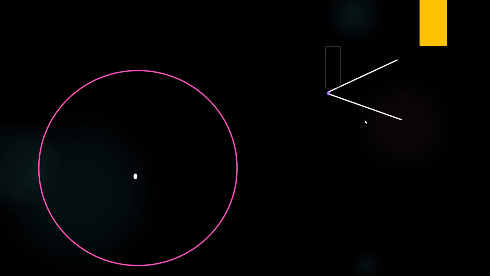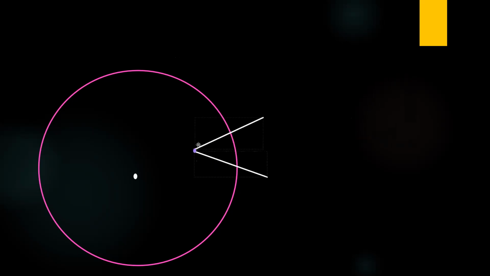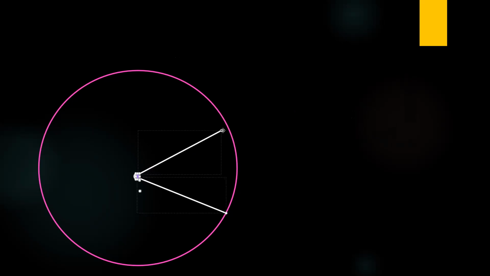If we have this angle here, this angle is on the center of the circle, and it has two sides. Now this angle's vertex is in the center, and its two sides end on the endpoints on the circle.